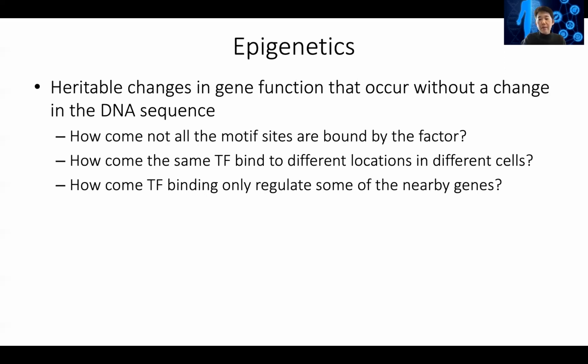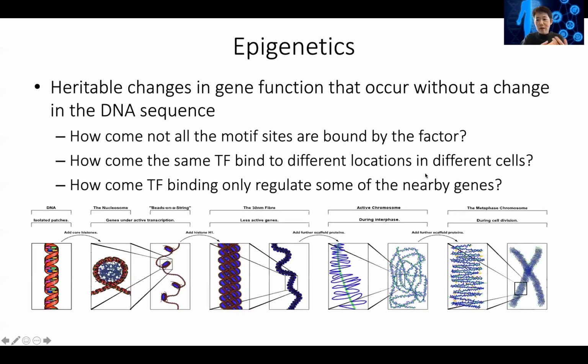And even with transcription factor binding, it doesn't necessarily regulate the nearby gene. Sometimes it just parks there without influencing the nearby gene. So what influences these? That's how a lot of people became interested in epigenetics.